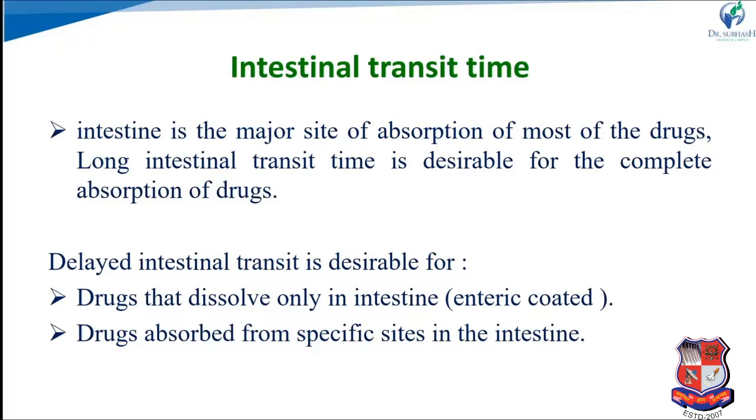The intestine is the major site for absorption of most drugs, so a long intestinal transit time is desirable for complete absorption, as the drug stays more time in the small intestine. Delayed intestinal transit is desirable when the drug dissolves only in the intestine, such as enteric-coated forms, or is absorbed from a specific site in the intestine.